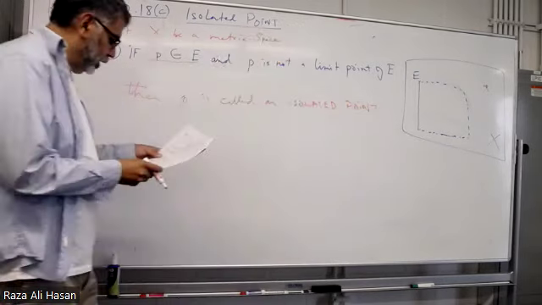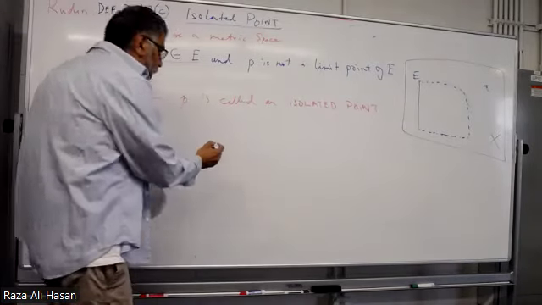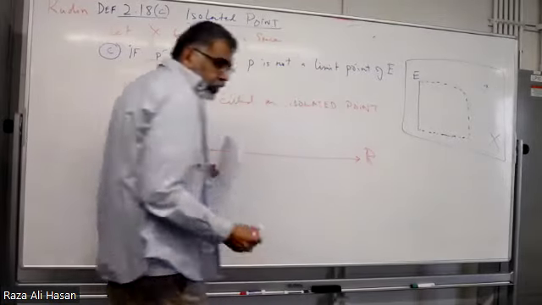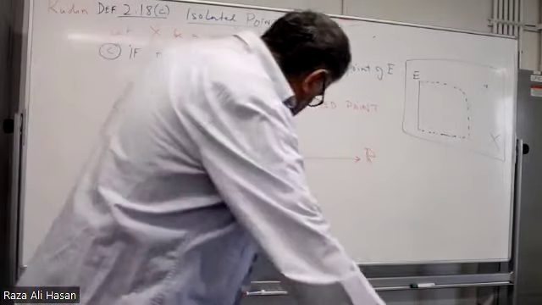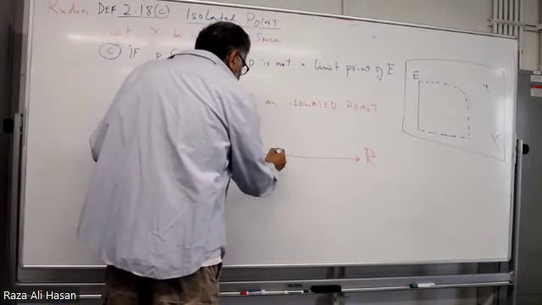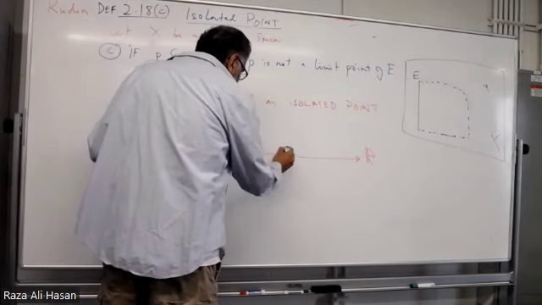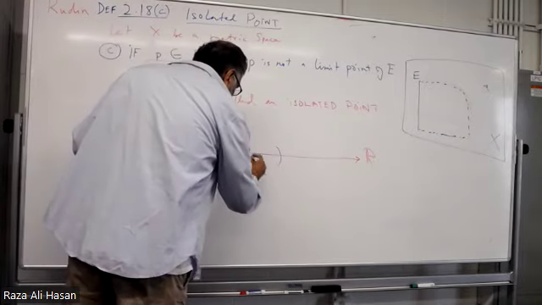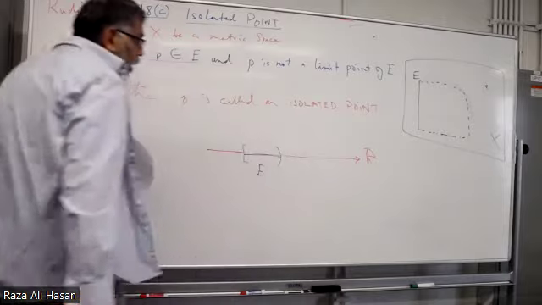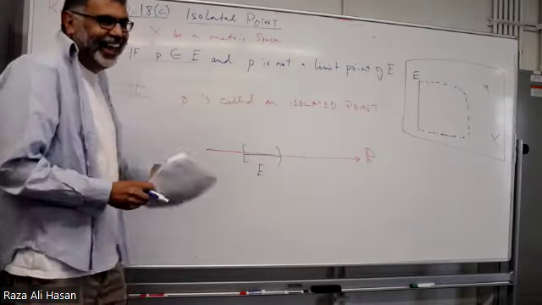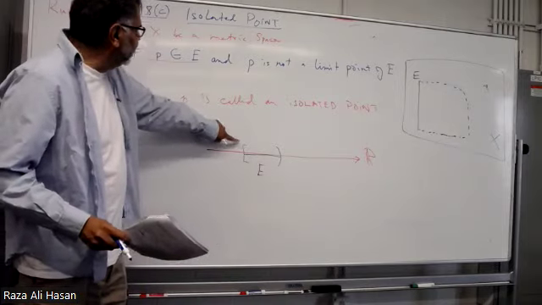And I just want to give a picture here in 1D. Let's say we have a set here. Let's call this set E. And let's go over that same thing again.